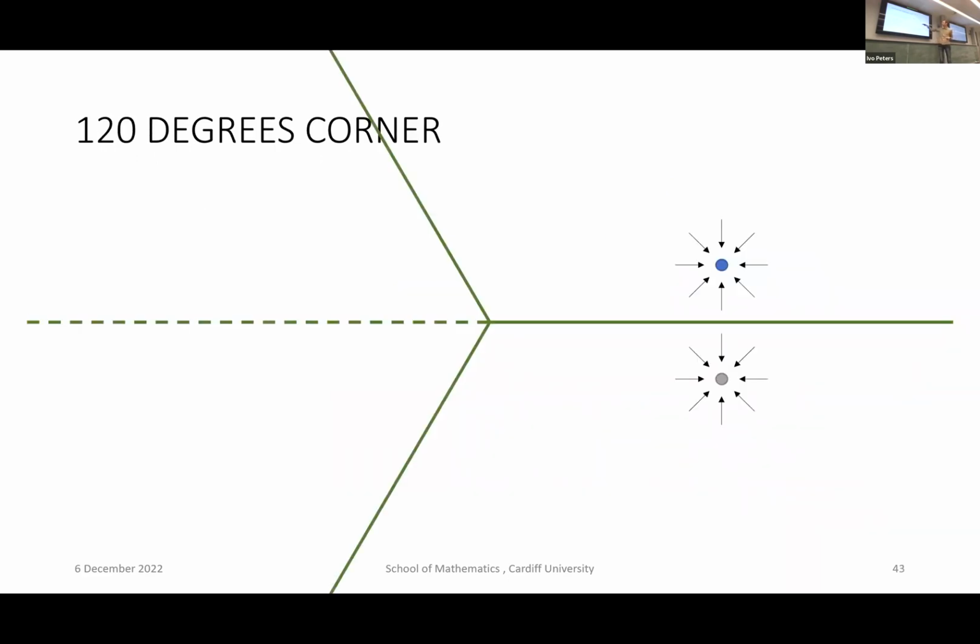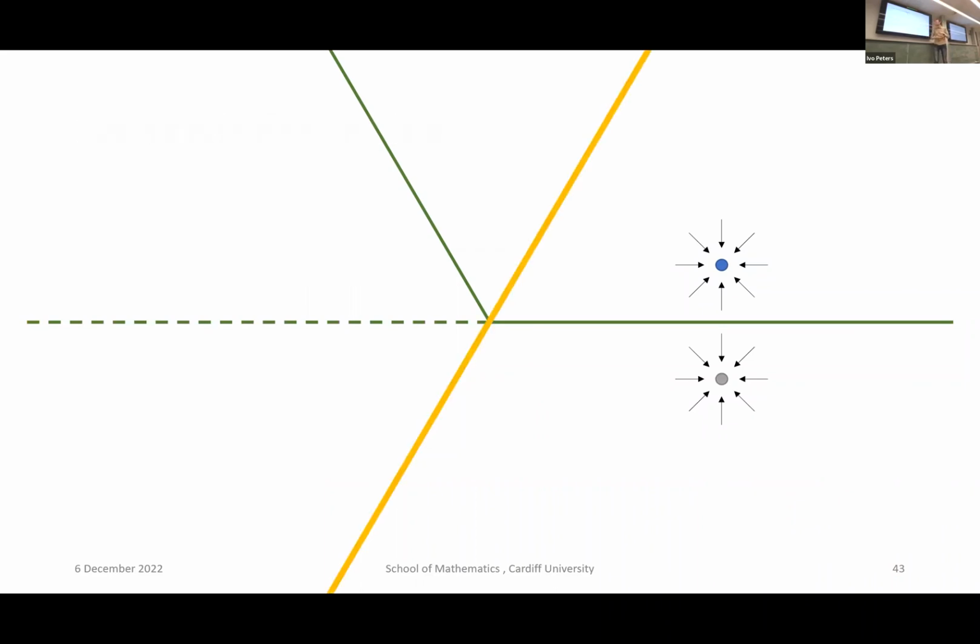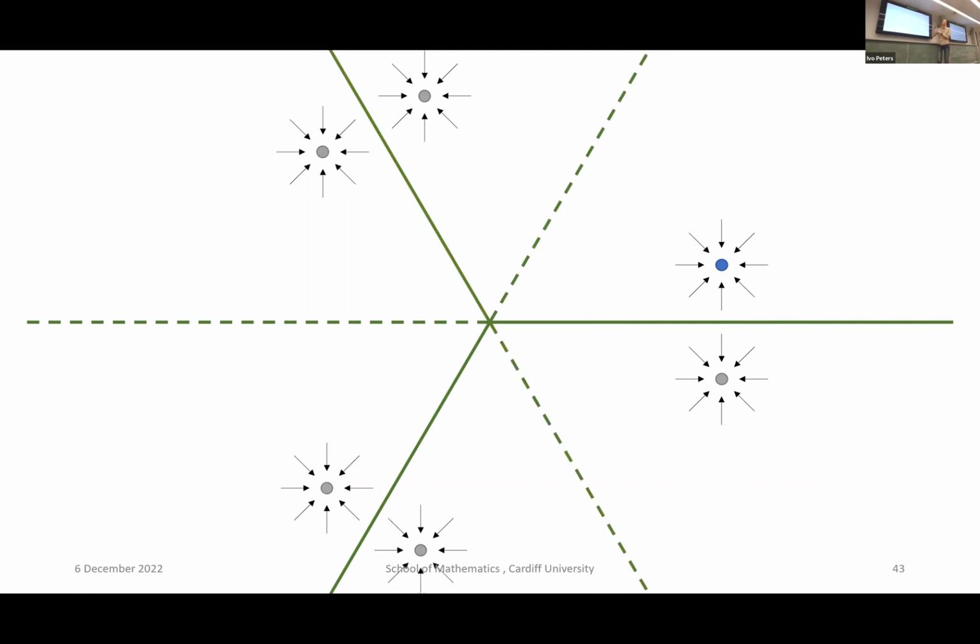We're going to mirror this wall, so we get an image sink. We take this wall here, and now we have 2 image sinks, and now we take the third wall, and that puts the remaining image sinks into our solution. However, if you look at this now, this wall here was originally not there, but we had to add it because we can only mirror things along infinite walls.